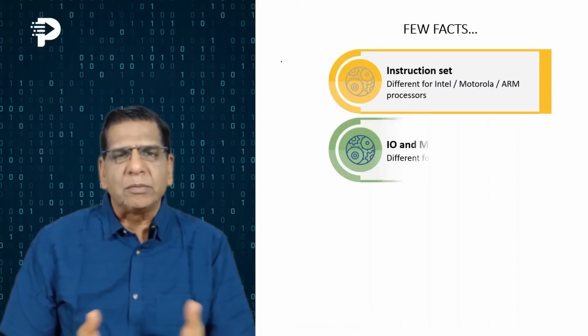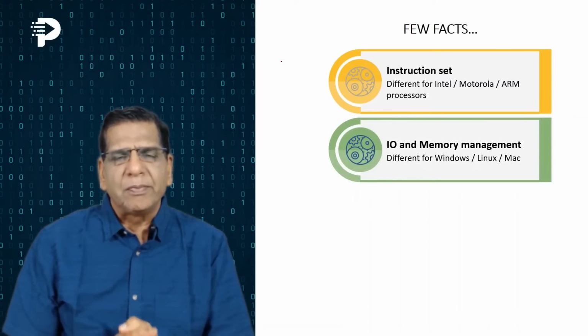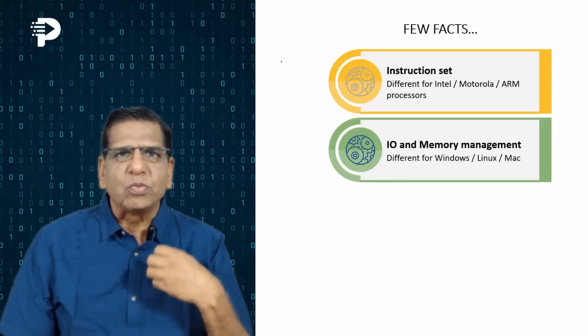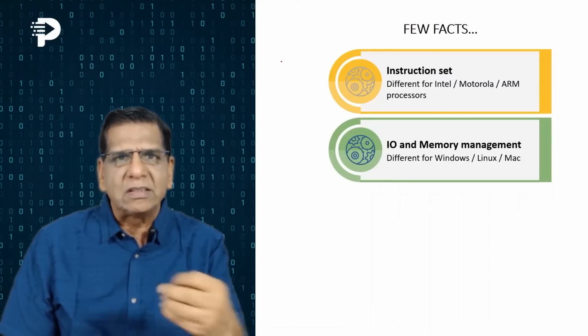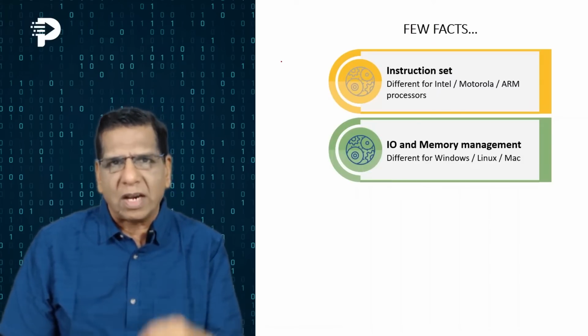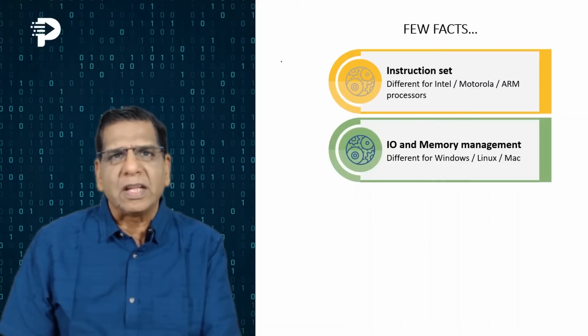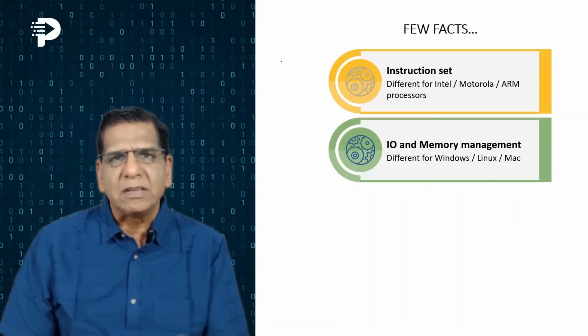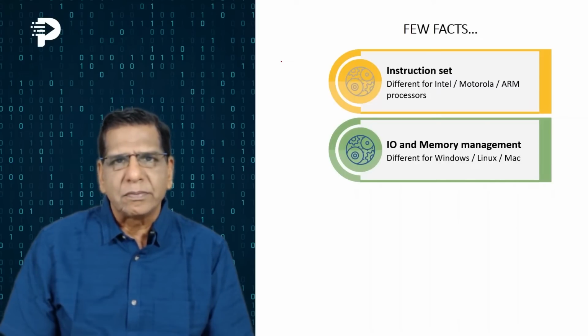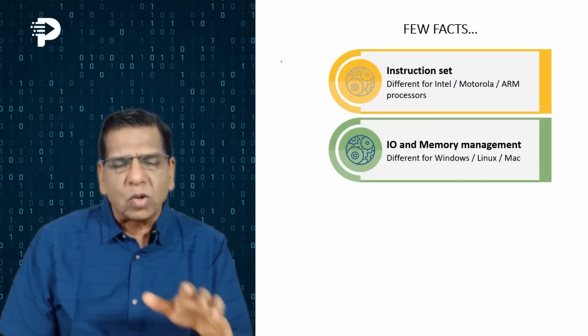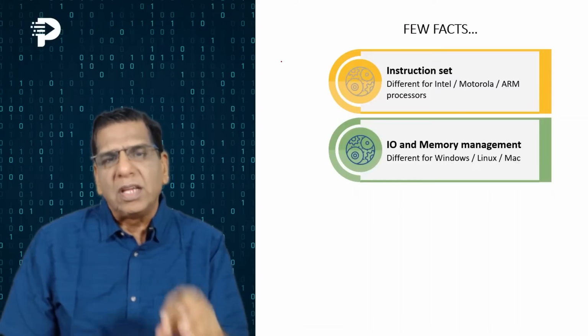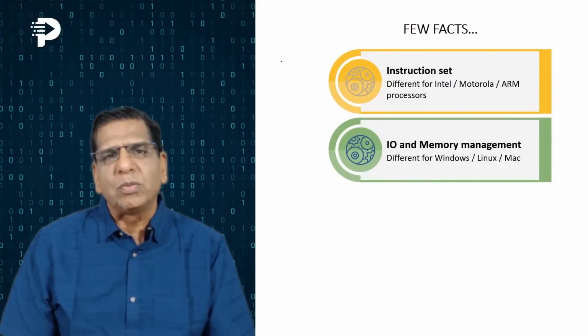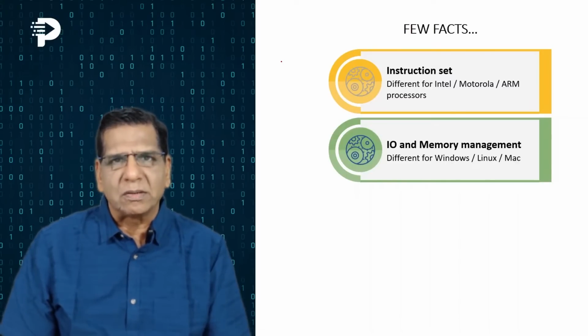Secondly, when it comes to the operating system level, the way input-output is done on Windows is again different than the way it is done on Linux, and different than the way it is done on, let's say, the Mac operating system. Not only the input-output, even the memory management is going to be different across operating systems.